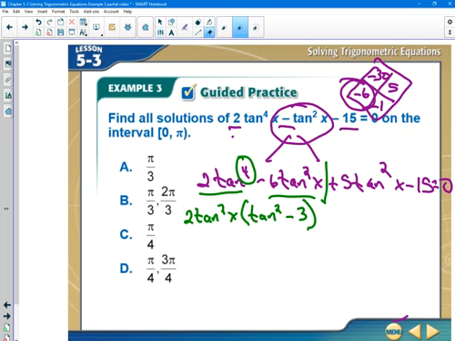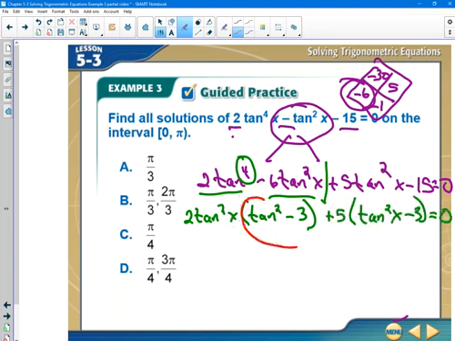Then I'm going to factor the second half of the equation. What's common to both? Well, a positive 5 would be good for both. So I'm going to take out a positive 5, and then inside it's going to be tangent squared x minus 3, because I did want these two ultimately to be the same. And so now they are.